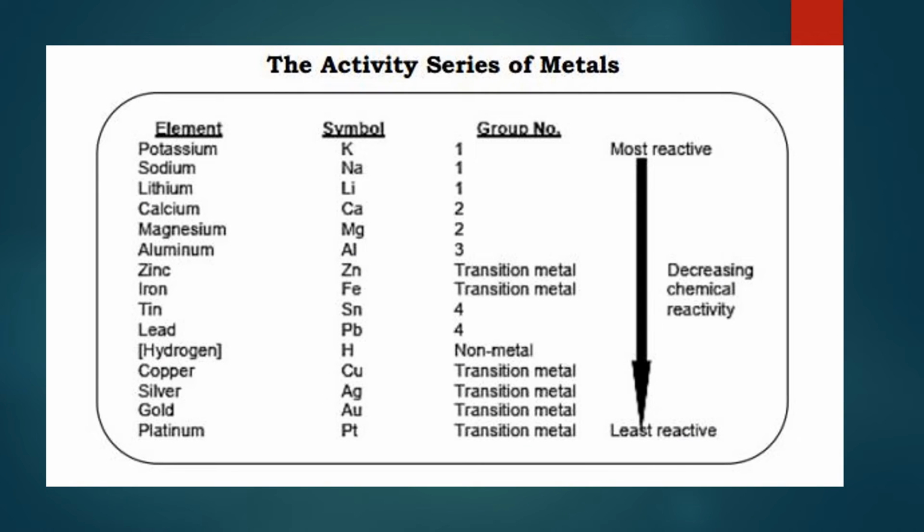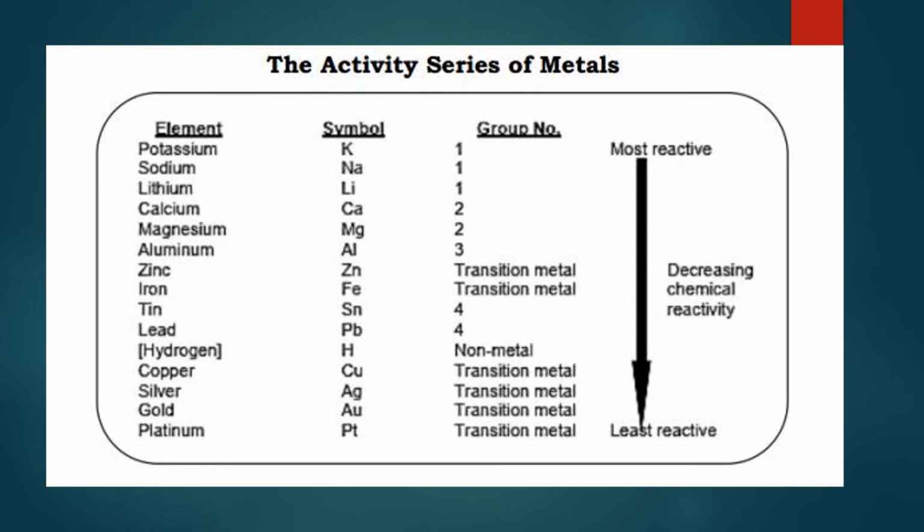All right, so in this subtopic, you're going to focus on the group or the family and the reactivity of the metals. There are examples of elements. You also see here the symbols of the elements, and you have the group number. So take note, we're focusing on the groups.